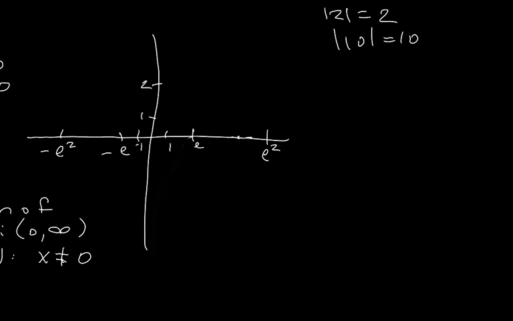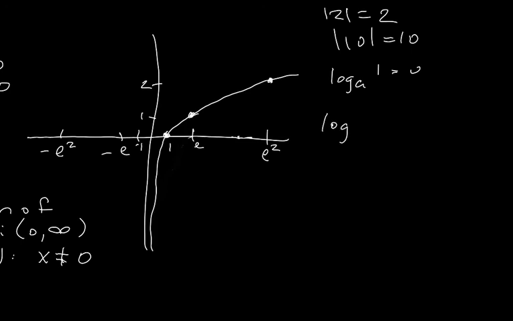So we need these points, negative 1 and 1. So recall that log of 1 in any base is 0. So it's always going to go through here. And then it's going to go through the point (e, 1). And it's going to go through the point (e squared, 2). But think about it this way.